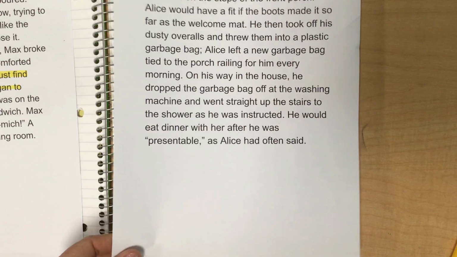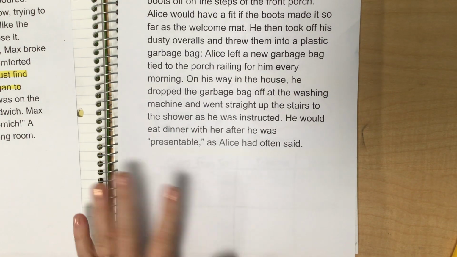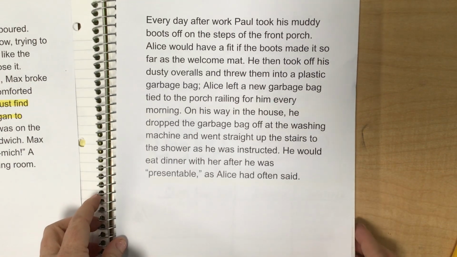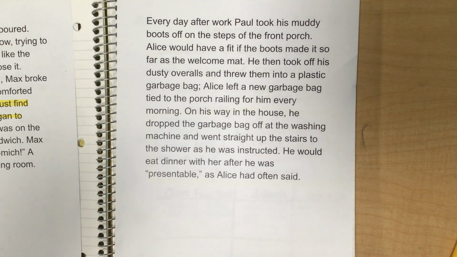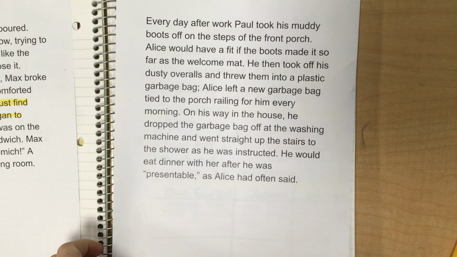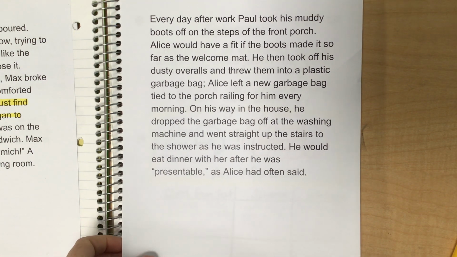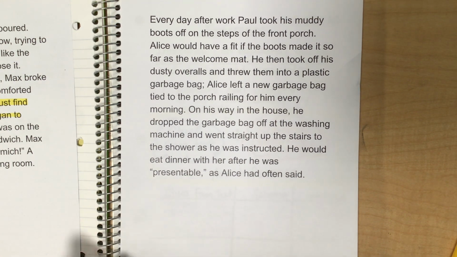You might be trying to infer, what is it that Paul does for work? Or what kind of job might he have? You might be wondering what the relationship is like between Paul and Alice. So I guess it depends on what you're wondering. Let's look for some clues. Maybe I'm thinking about what Paul does for work.